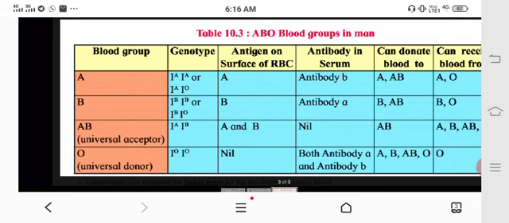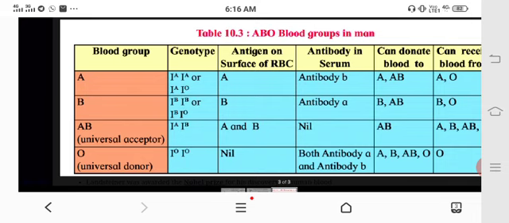Now blood group A. The person with blood group A has antigen A on the surface of their RBCs and antibody B in their serum, in their plasma.